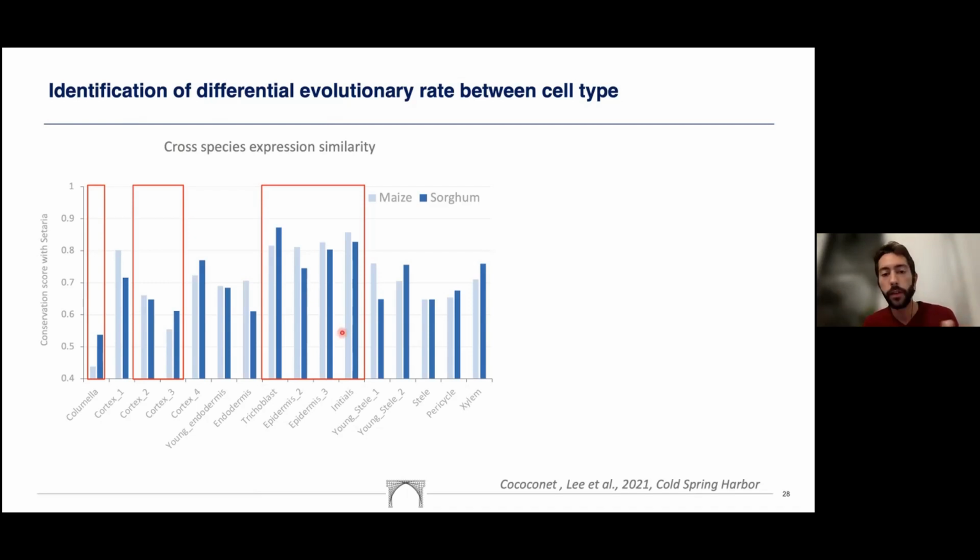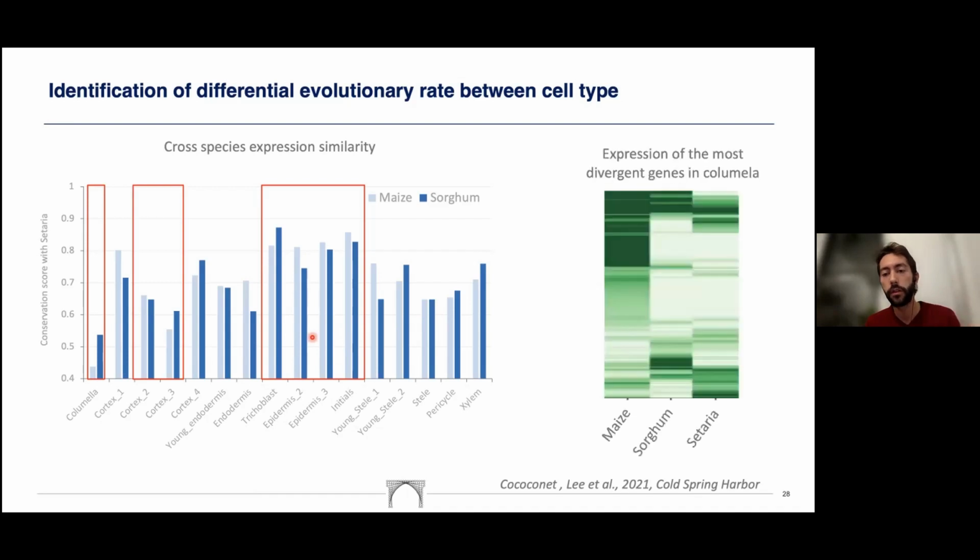And so as an example, we look at the least conserved genes, so the genes that were the most divergent across cell types and across species. And we look at where these genes are expressed in our data set. And I just wanted to show a quick example. When we look at the most divergent genes in columella, what we found is that lots of these genes were expressed in maize.